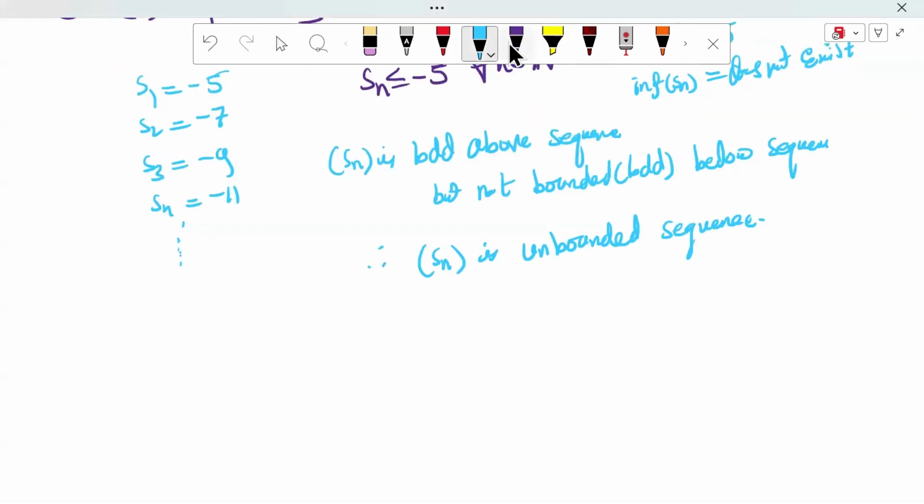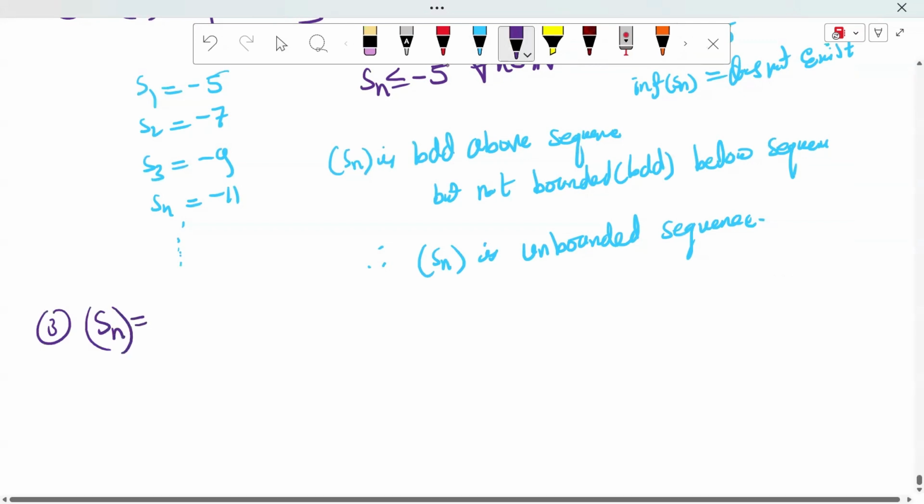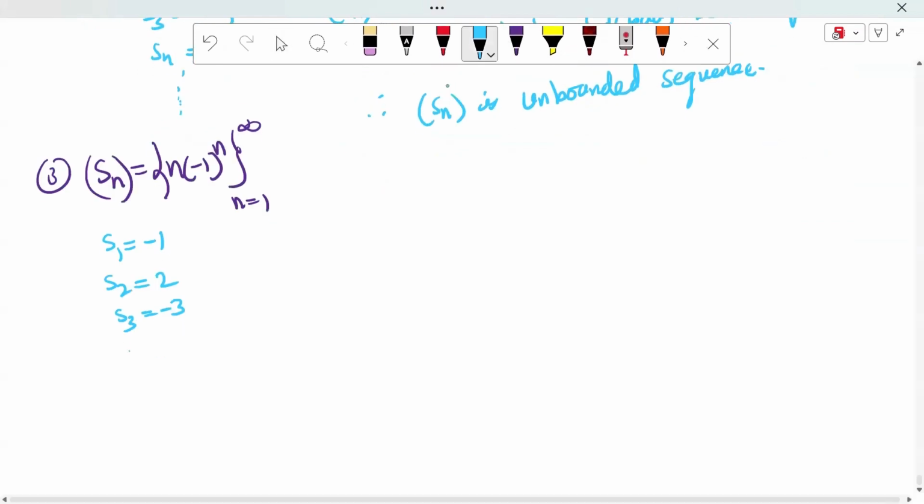Sequence Sn is equal to n into minus 1 whole to the power of n, where n is equal to 1 to infinity. Here the sequence is S1 equal to minus 1, S2 equal to 2, S3 equal to minus 3, S4 equal to 4, S5 equal to minus 5, S6 equal to 6, and so on.